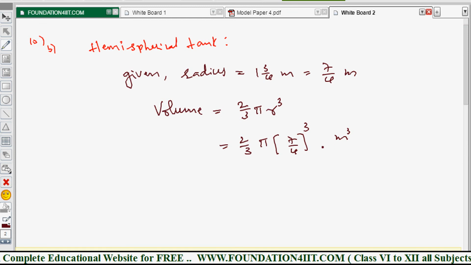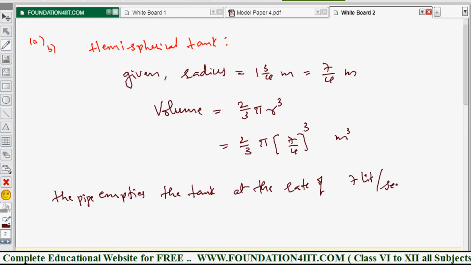Now as per the question, the pipe empties the tank at the rate of 7 liters per second. So in 1 second it empties 7 liters.